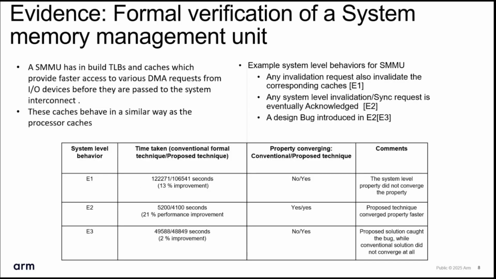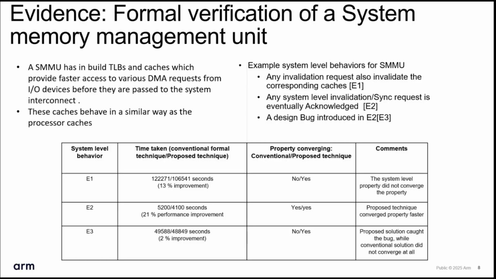And we deployed this solution in many designs, one such being the system memory management unit, the SMMU, which has basically two components. One is the TLBs or the caches, and the second is the translation units.